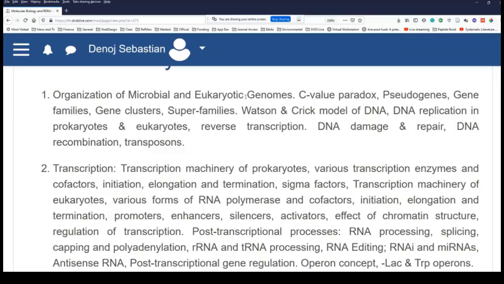In the first unit of the molecular biology, we will be discussing some general concepts about the genome organization, prokaryotic and eukaryotic genome organization, and some of the concepts like C-value paradox, pseudogenes, then gene families, then the structure of the DNA, Watson-Crick model of the DNA, and DNA replication, basics of DNA replication, and other things.